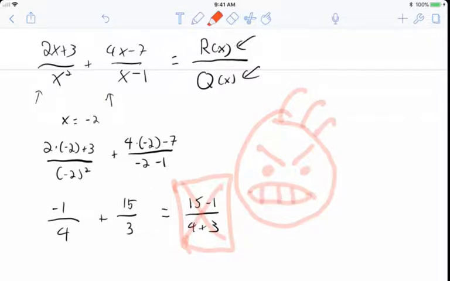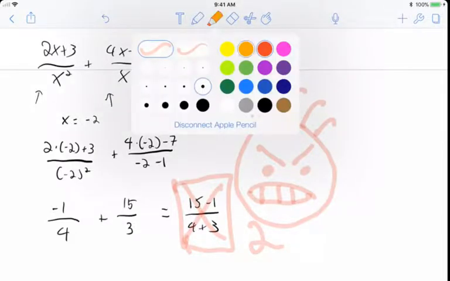It's wrong. Let me explain how it's wrong. Let me calculate its value. You calculate 14 divided by 7. That's 2. According to you, it should be 2. Like I said, not right.